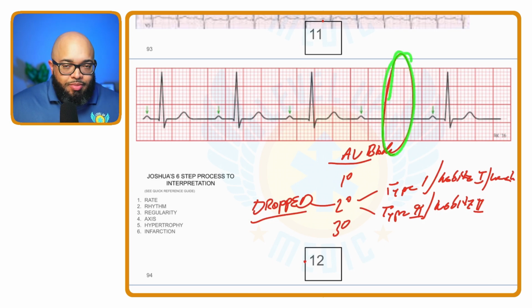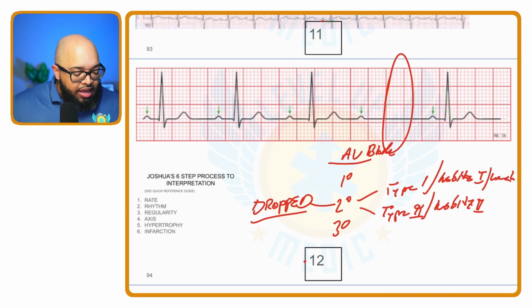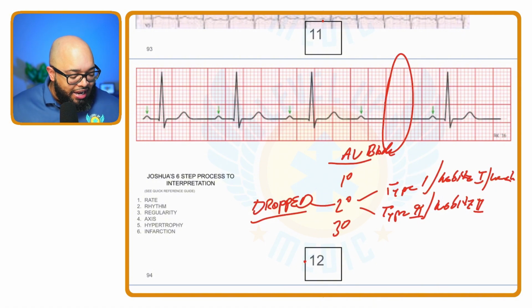When I go to the dropped beat, or where the dropped beat would be, where there should be a beat but there is no beat, we're going to go to the PR interval before it and the PR interval after it. If the PR interval before is longer than the PR after, that's by definition a second degree type 1. So this one would be an example of a second degree type 1.